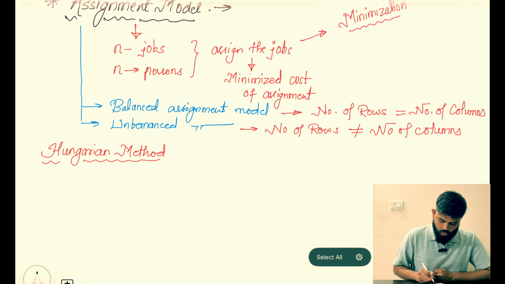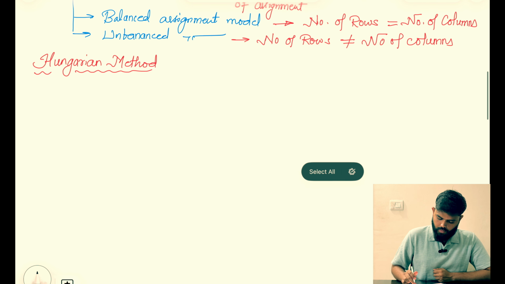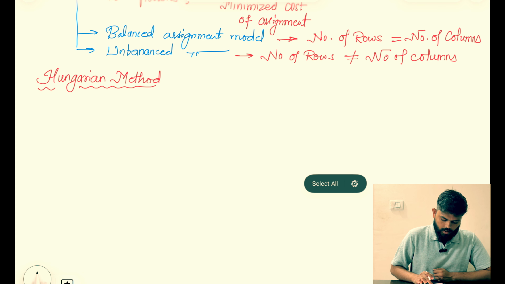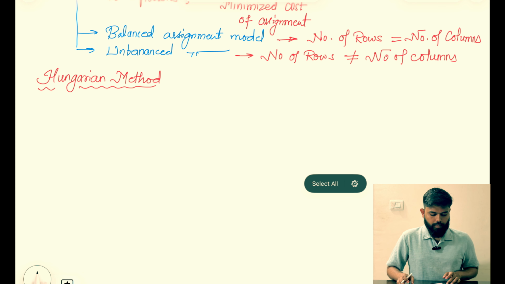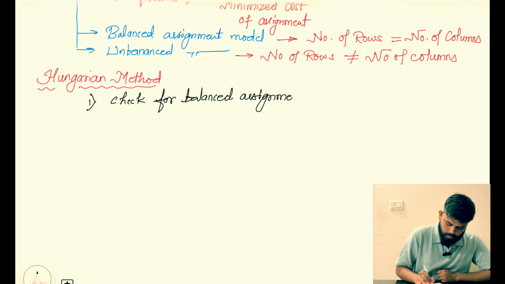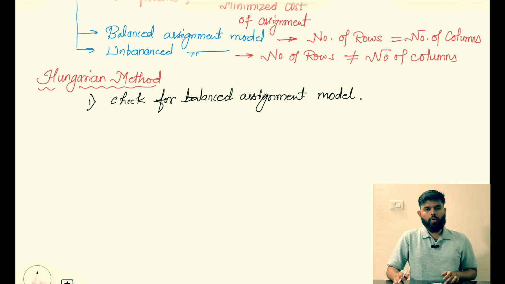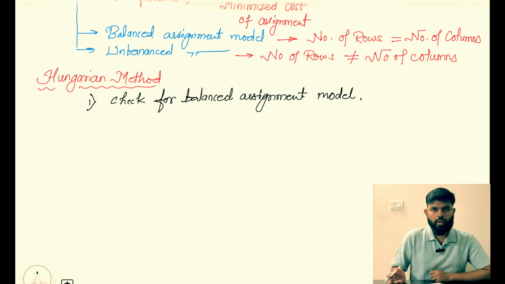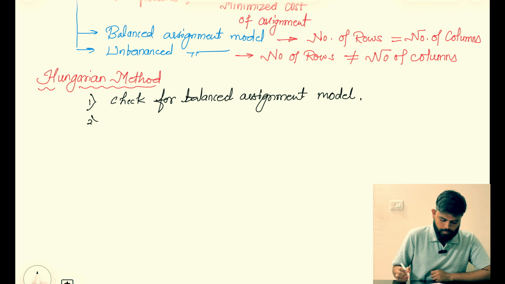So there are certain steps which are adopted for solving the assignment model. The first important step is to check for balanced assignment problem. It means we need to make sure that the assignment model must be balanced. If it is not, we need to convert the unbalanced to a balanced one.